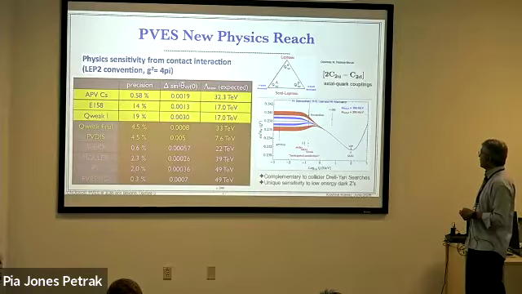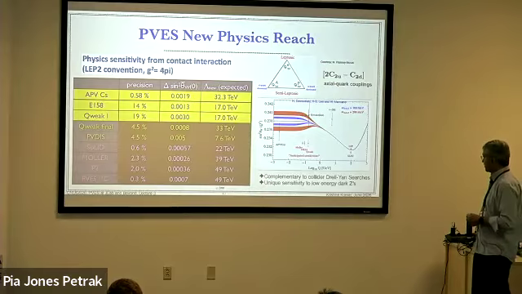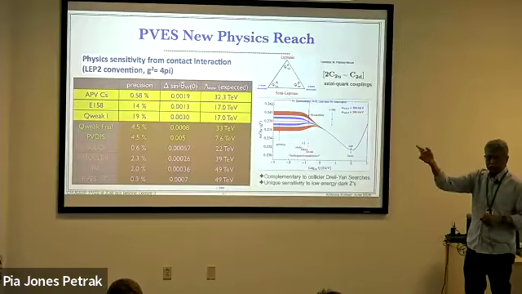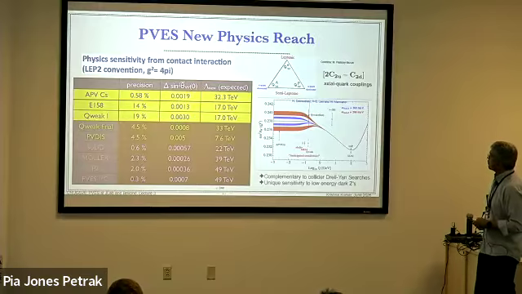And here's an example of something called a dark Z, as to why you want to measure it at low Q squared. Why do you need to have sine squared theta W at different Q squared values? Because you could have something called the dark Z boson that will make this running curve change. Okay, so you want to try and test for that as well.